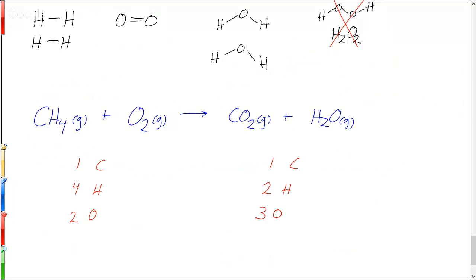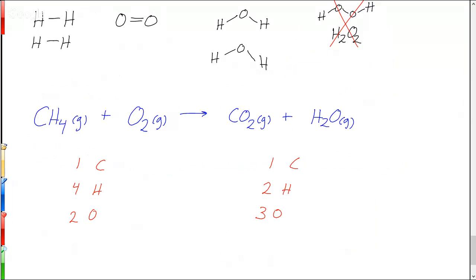Everybody get the same numbers? If you count them up, remember that whenever there's a subscript, we're going to multiply that through. So CH4 tells us 4 hydrogens. On the right side, there's oxygen in both molecules. So we've got to remember to add up all those atoms, the 2 from the CO2 and the 1 from the H2O.